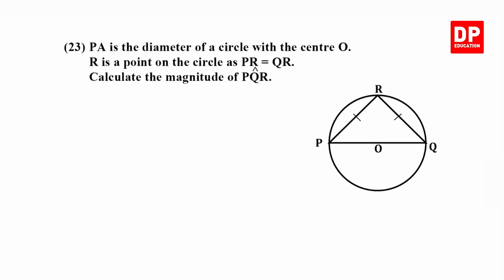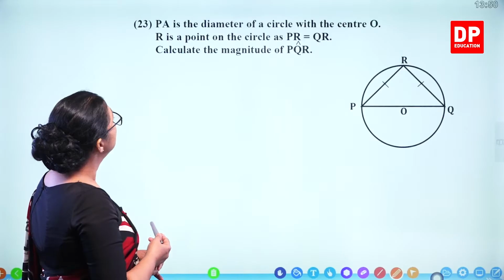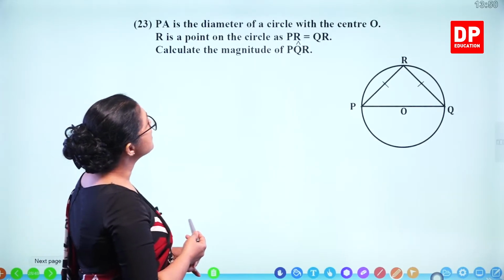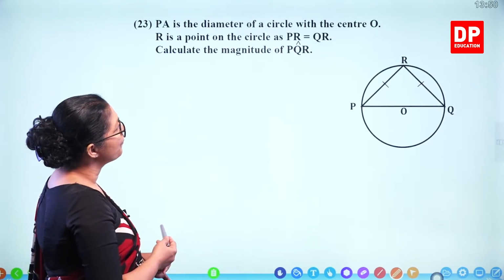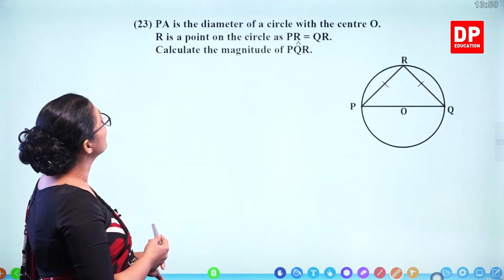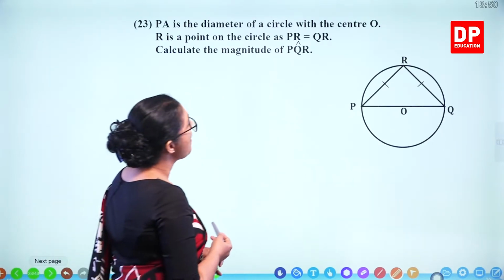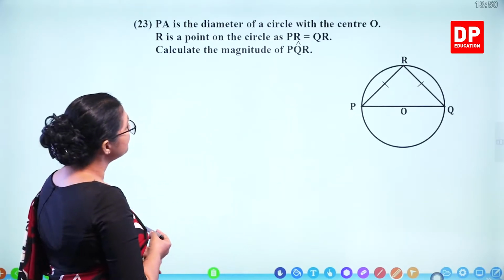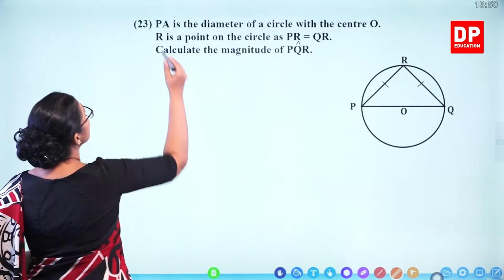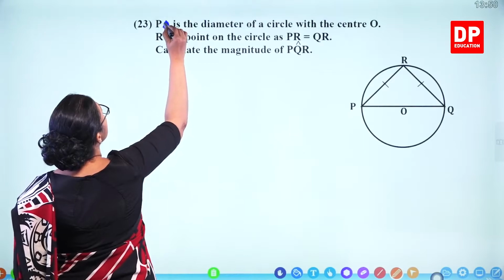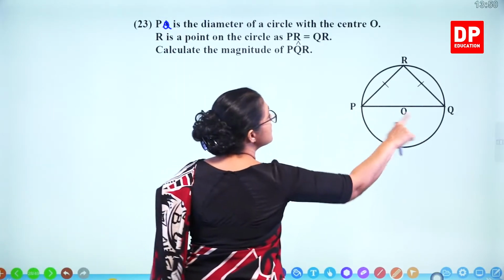Question number 23. PQ is the diameter of a circle with the center O. This is PQ, this is the diameter.